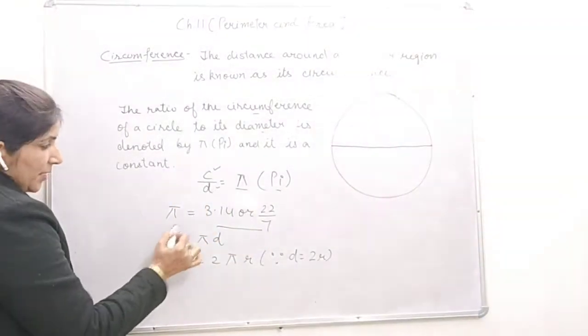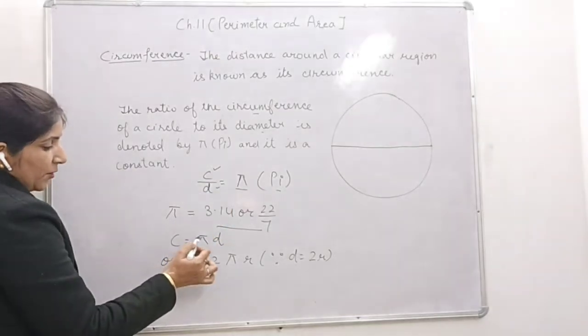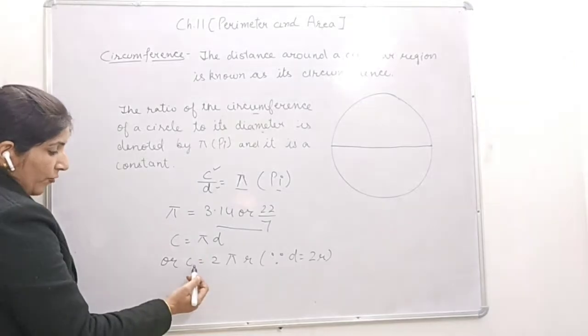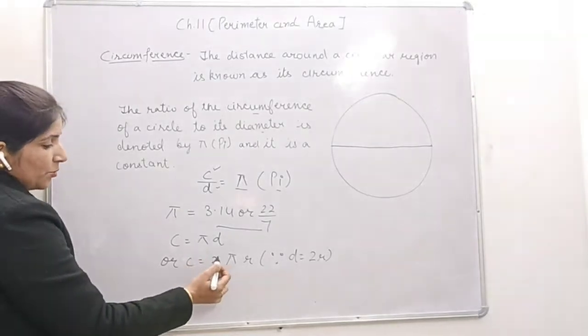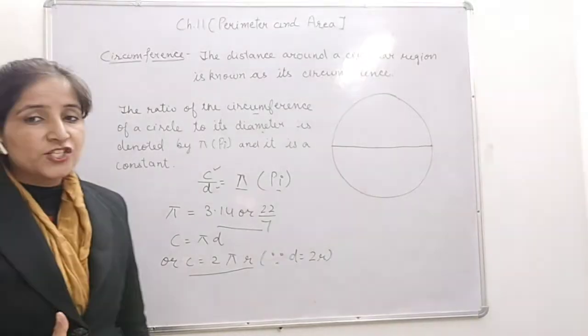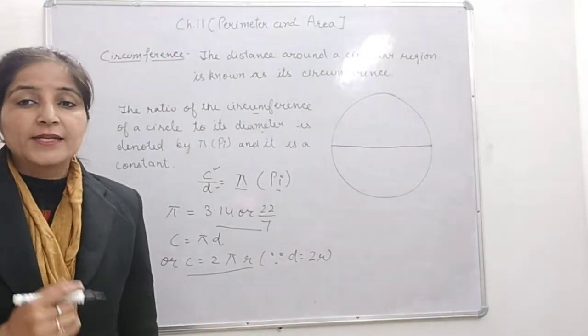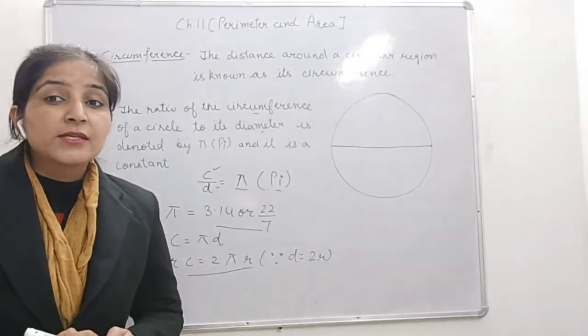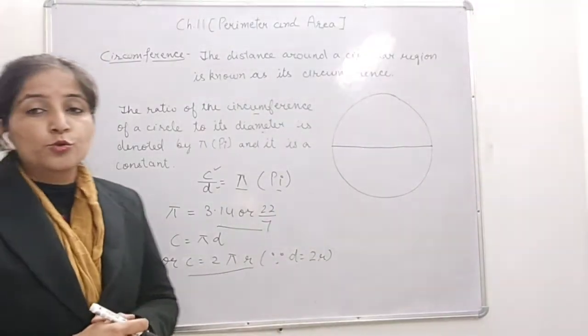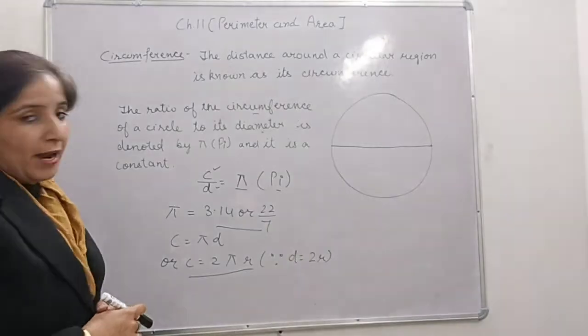Now we can write circumference C equals pi multiplied by D, or C equals 2 pi r. Now we have reached a formula for finding the circumference. Circumference is always equal to 2 pi r, or you can say pi d.